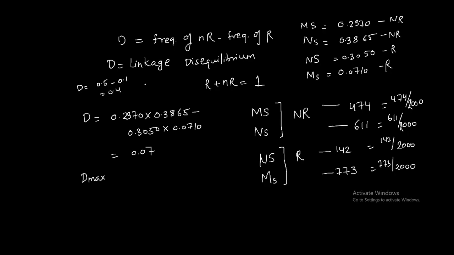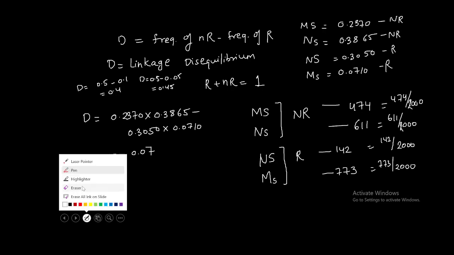But if I decrease this value to 0.05, then what will you get? D is going to be equal to 0.5 minus 0.05, then you will get the more value. Similarly, if you keep decreasing this value, you will get the maximum D value. So the maximum D value you can get whenever the frequency of the recombinants is less.